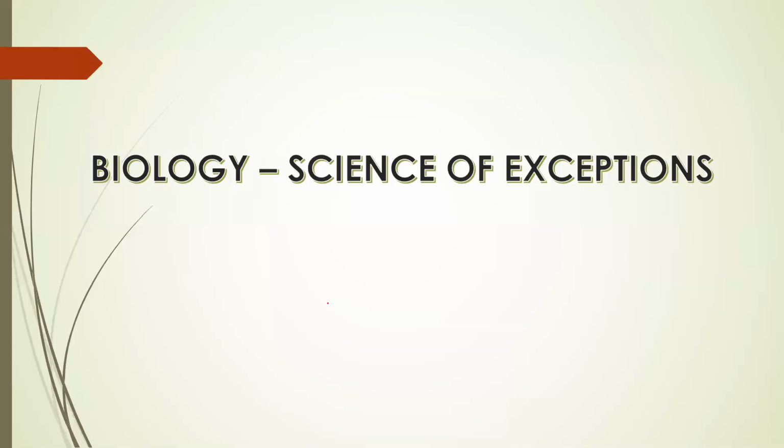And normally the venation of a monocot plant is parallel, but there is a monocot plant called Smilax. Though it is a monocot, it shows reticulate venation.